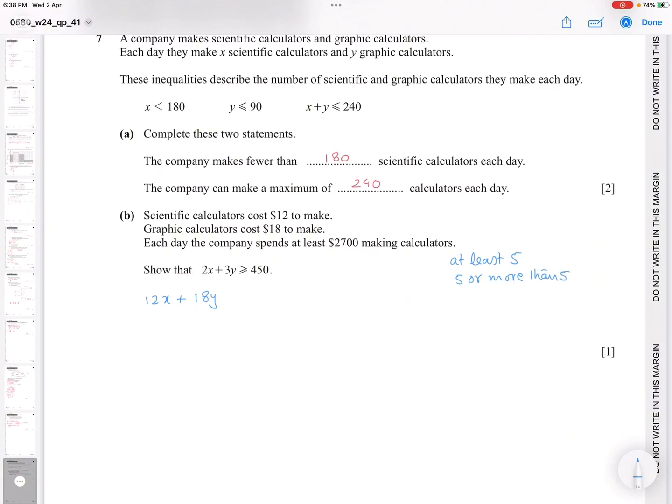So we have to write greater than or equal to 2,700, and now divide this equation throughout by 6. 6 times 2 is 12, so 2x, plus 18 divided by 6 is 3, y is greater than or equal to, divide 2,700 by 6, you will get 450. And now you can write shown.